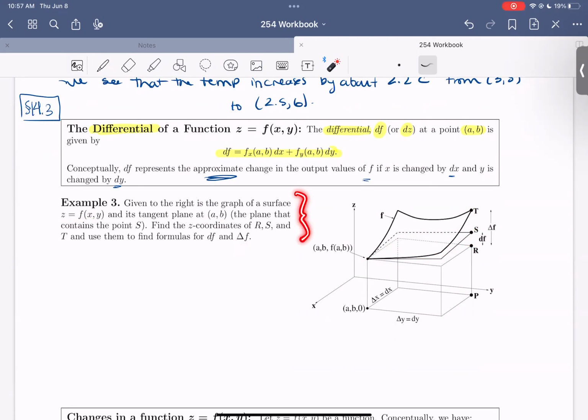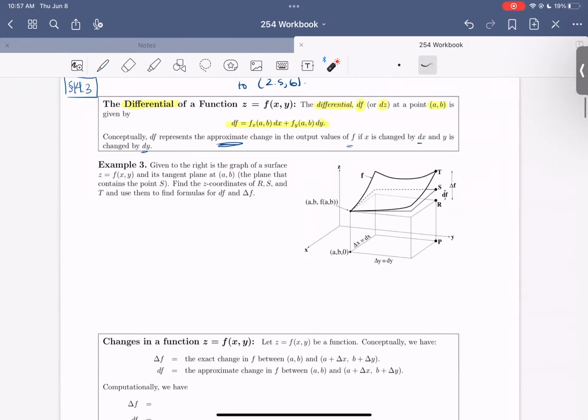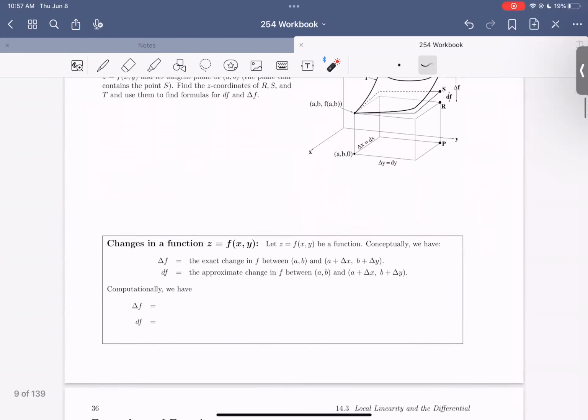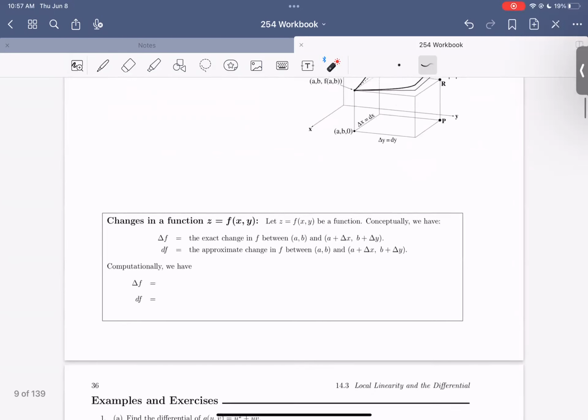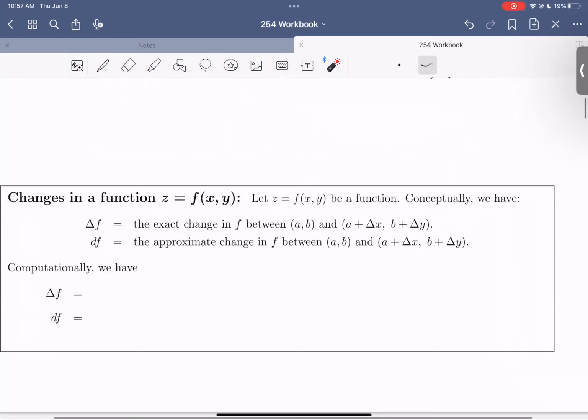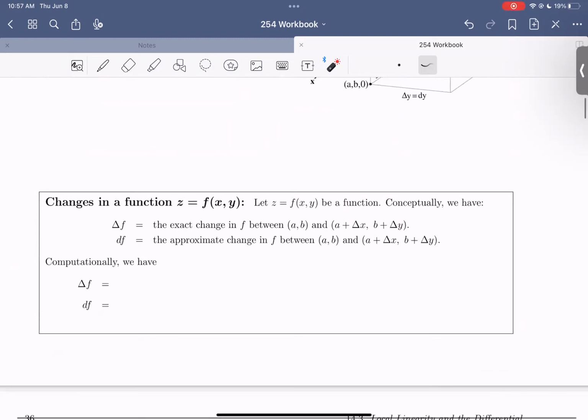Before getting into that, I want to first scroll down a little bit and look at some of this notation. Here we have changes in the function z equals f of (x, y). Delta f, the change of f, is going to be the exact change in f between the point (a, b) and (a plus delta x, b plus delta y).